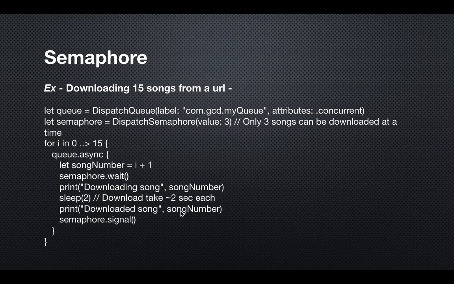Once the download is done, we'll print the song number, and then we'll give the signal that the next group of songs can be downloaded. So the first 3 songs will be downloaded first, then the next 3 songs, and then another set of 3 songs in the next group.